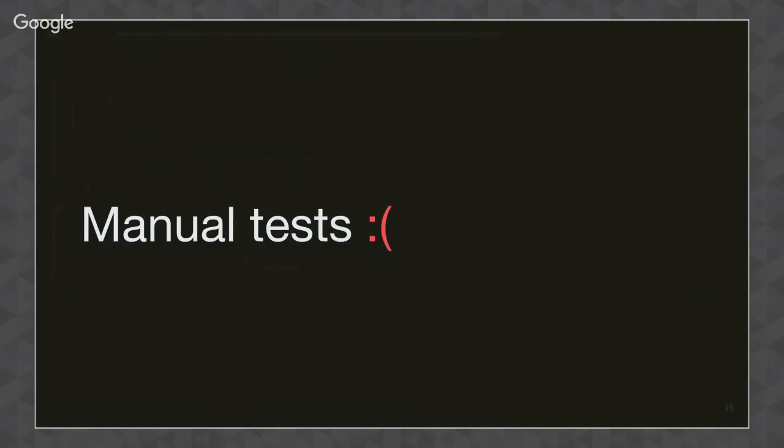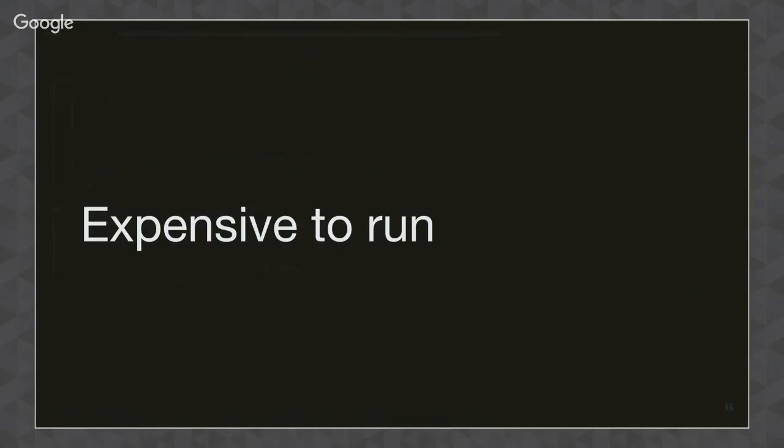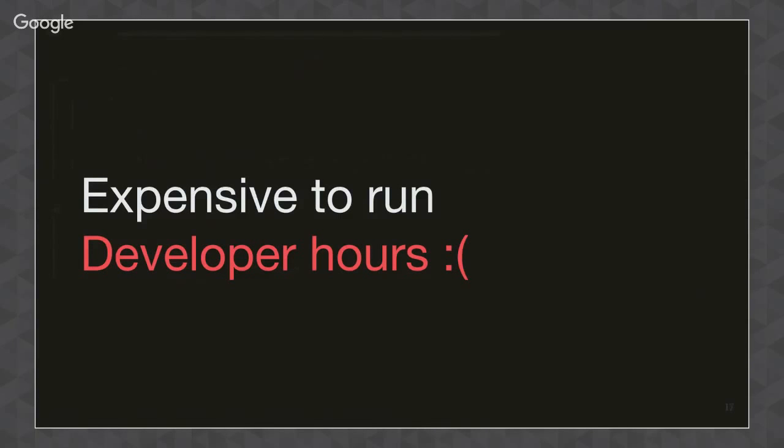There are a number of reasons for this. They're very expensive to run because they take developer hours, human hours. A real person has to sit behind the desk and type in WPT serve and try to figure out exactly what behavior they're looking for. Even though most of the developers are very talented, it does leave room for human error as well.